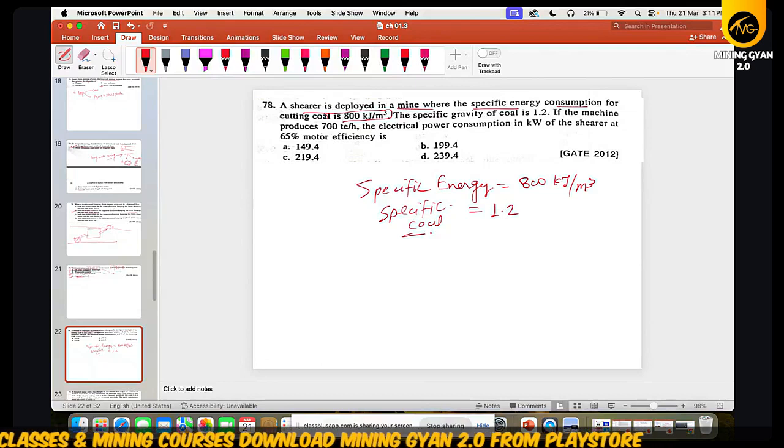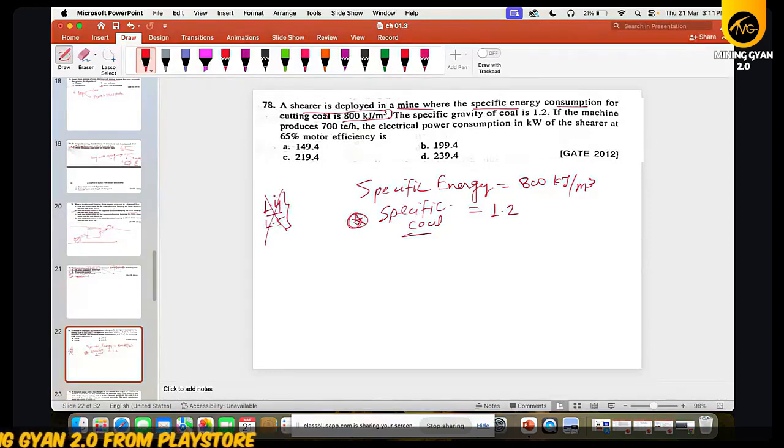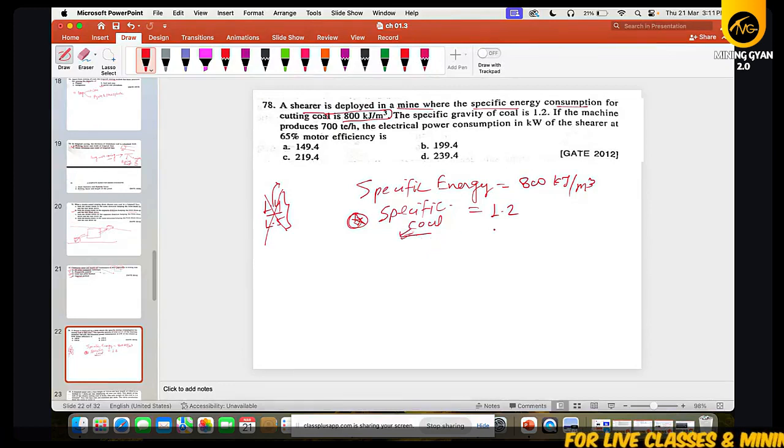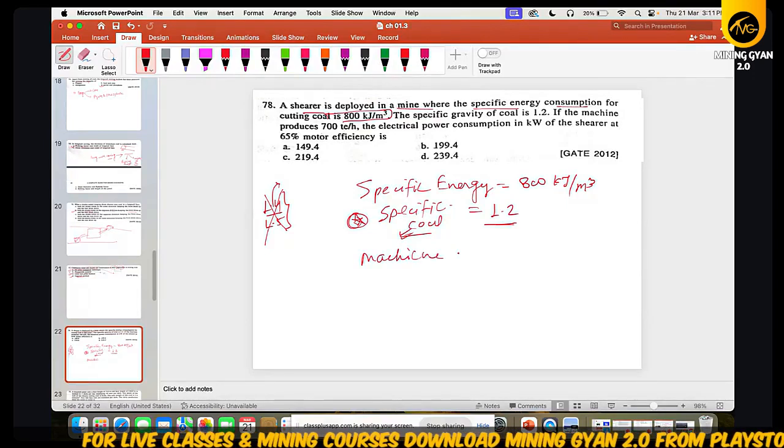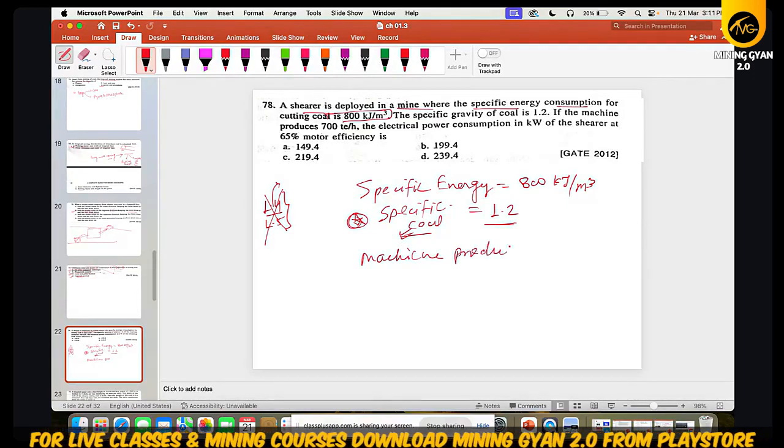You should read properly, because sometimes it can be 1.4, 1.5. It depends upon the numerical, how much specific gravity of the coal he has provided. So he has given us 1.2. If the machine produces 7 ton per hour.